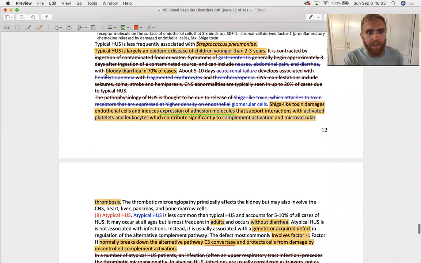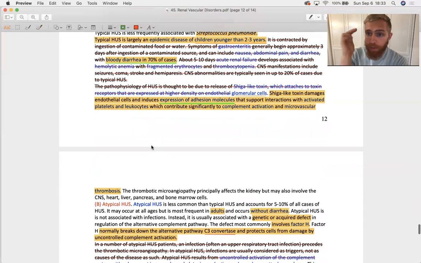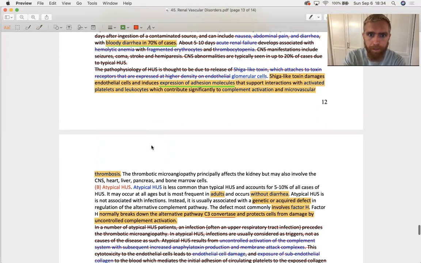You've got this antecedent bloody diarrhea in 70% of cases. The majority of cases, the chief complaint, they go into the ER and the kid's got bloody diarrhea. And you see that and you're thinking infectious etiology 8 or 9 times out of 10, you know.